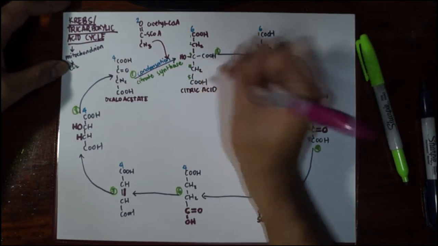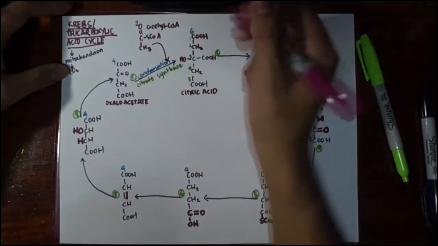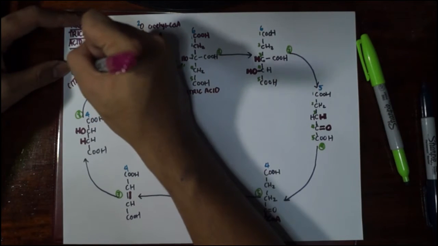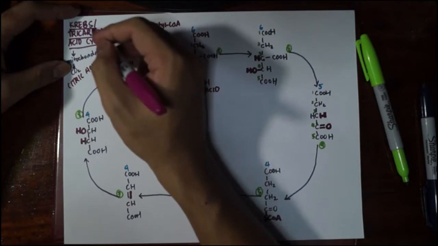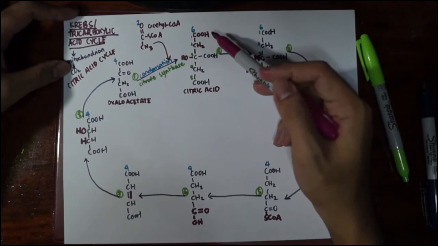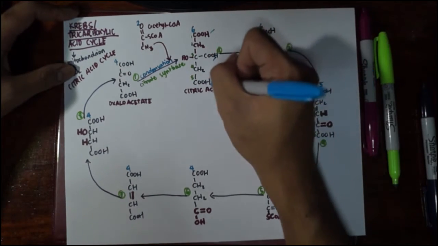So if you're wondering why it is also known as a tricarboxylic acid cycle, or it's also called a citric acid cycle, the tricarboxylic acid we are referring to here is citric acid because citric acid has 3 carboxyl groups. Let's count. 1 carboxyl group, 2 carboxyl groups, 3 carboxyl groups.